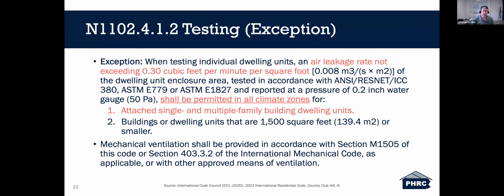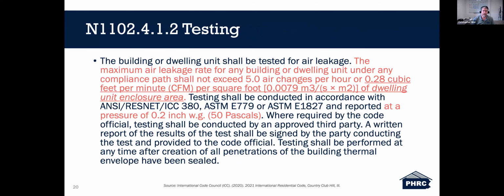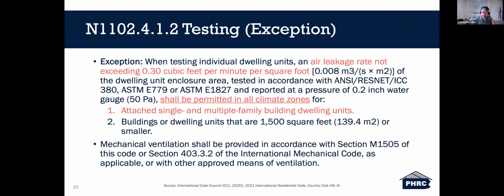So this is the exception to this here, right? So we looked at this initial testing at 1102.4.1.2. Again, this is out of the 2021 IRC, looking at the 0.28 cubic feet per minute per square foot of dwelling unit enclosure area. The exception states that when testing individual dwelling units, an air leakage rate not exceeding 0.30 cubic feet per minute per square foot of dwelling unit enclosure area shall be permitted in all climate zones for these two areas.